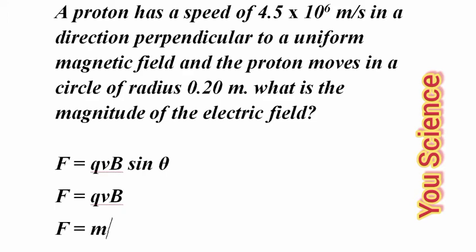That will give us mv squared divided by the radius, where m is the mass of the charge. So I can call this equation 2, and the first equation above this, equation 1.